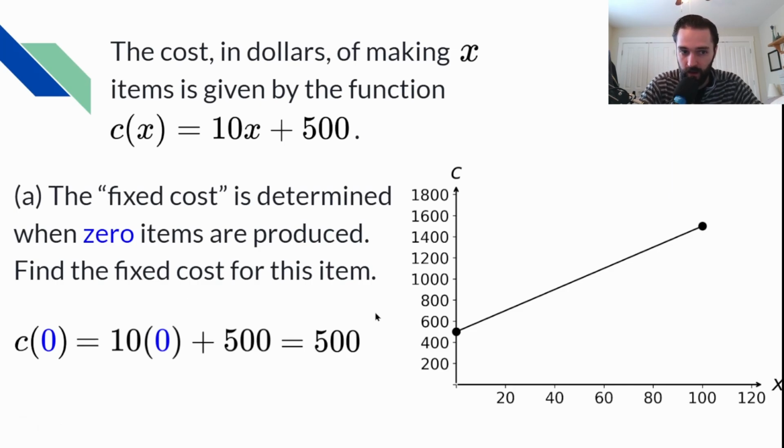So we have C of 0 equals 500, and this is our fixed cost. It costs $500 if you make 0 items. So the point (0, 500) is on the graph, and it's right here. This is the y-intercept. Or rather, I should say, this is the C-intercept.